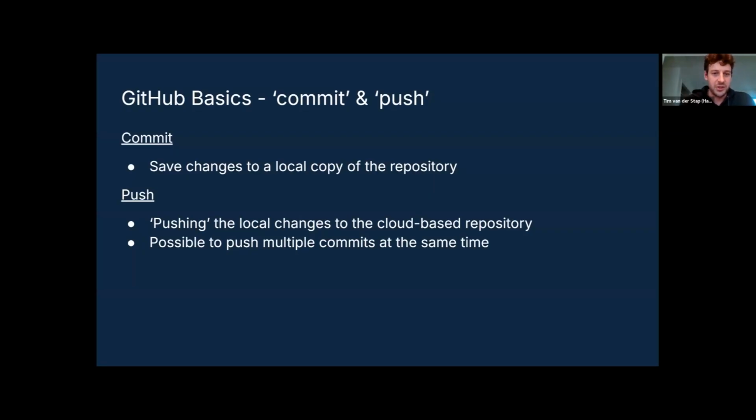If you'd like those commits to show up in the cloud-based repository, for example, so project collaborators can see the progress you've been making, you would have to make sure that you push those changes from your local machine to the cloud. Now, it is possible to push multiple commits at the same time.